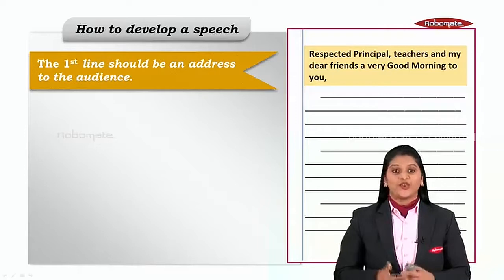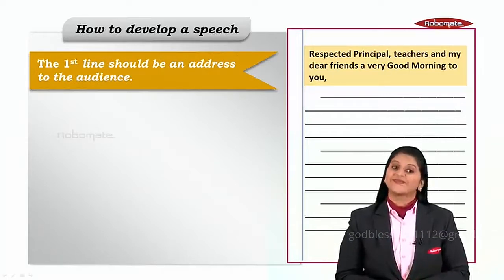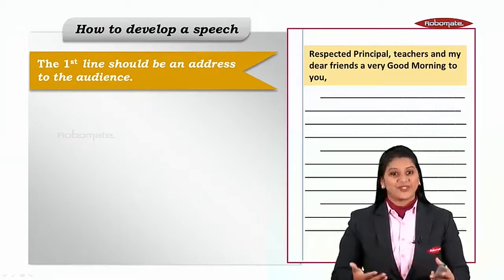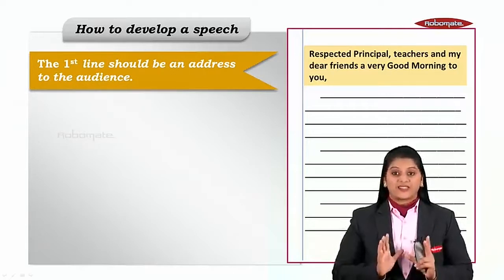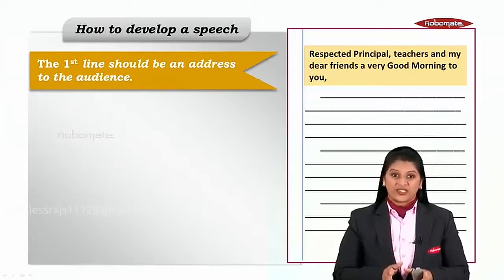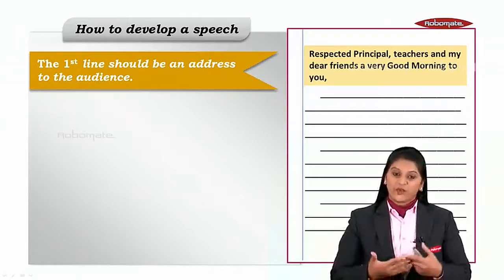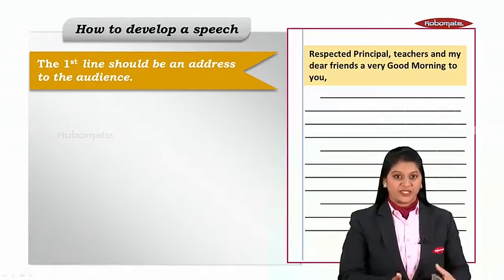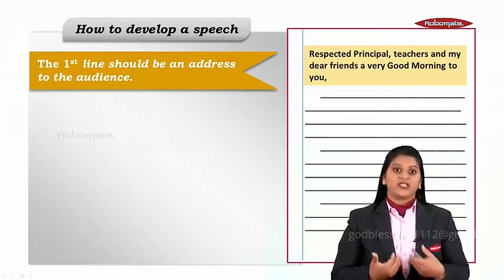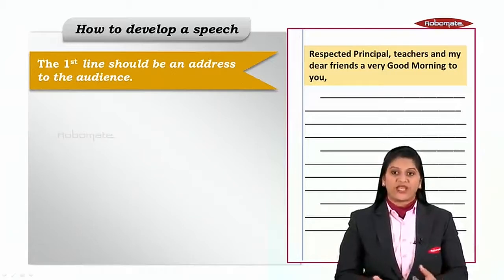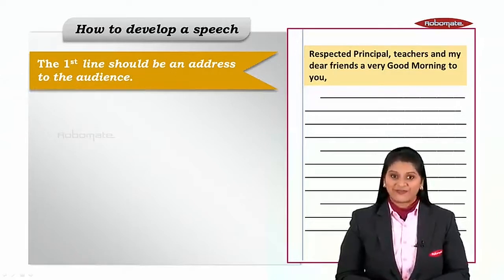No problem. Your address to the audience could also be as short as, hello friends, good morning to all of you all. Okay? Now understand that your address to the audience will depend on obviously the audience. If you are in your school, you'll have to greet everybody. Okay? But if you are not in your school and you're giving a speech to any normal audience or anybody at all, then dear friends is more than enough.